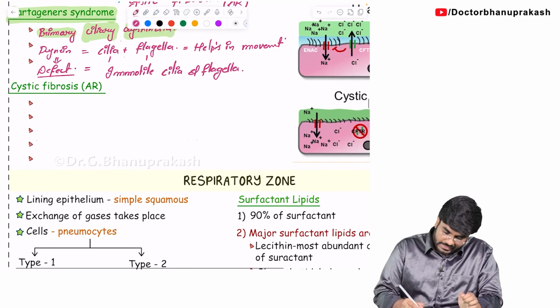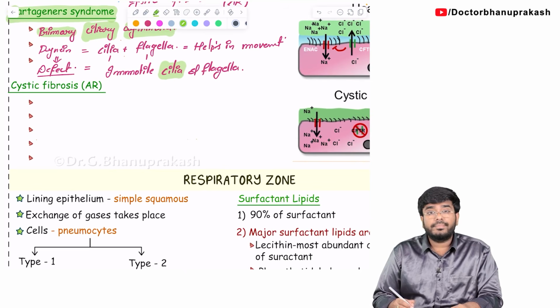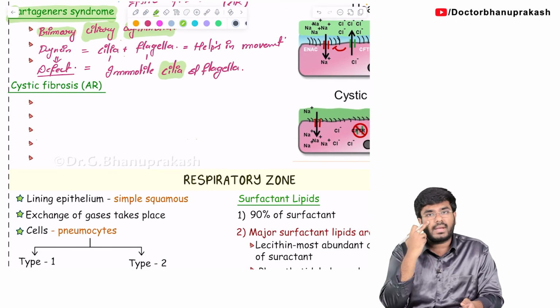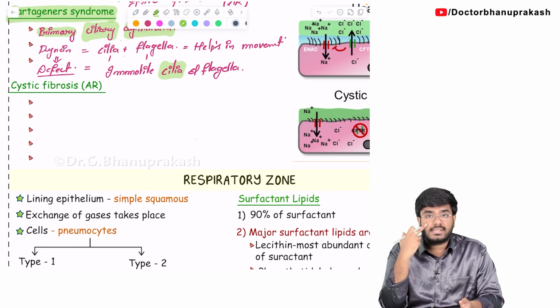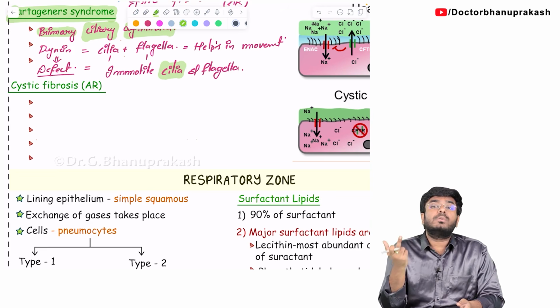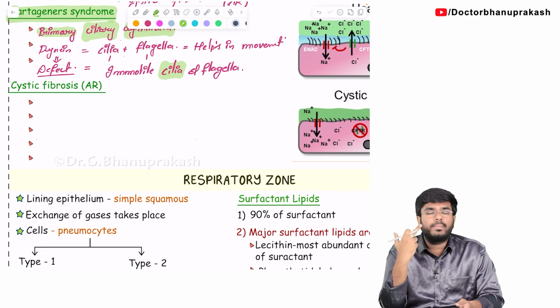Now, when the cilia is not beating, when it is not moving, do you think mucus will be cleared out of our body? No, the mucus is not going to be cleared from the paranasal sinuses or the respiratory tract. So, mucus is going to accumulate, leading to infection followed by inflammation in the sinuses.